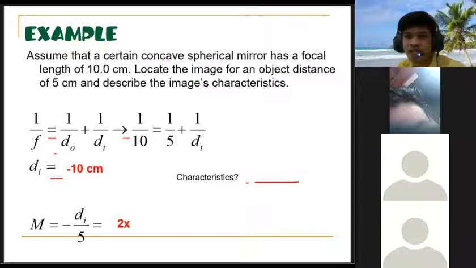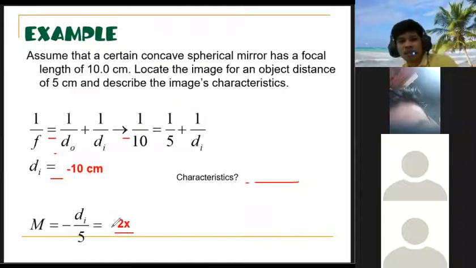Is it virtual and upright? And what about the size? Enlarged or reduced? M is greater than one, so therefore enlarged. That is correct, Noina.